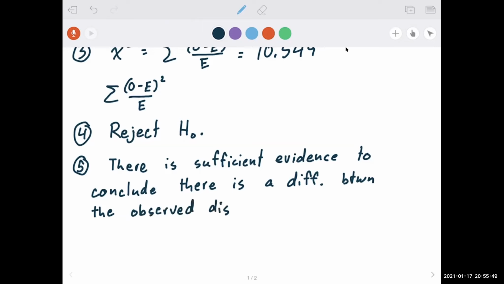Observed distribution and the expected distribution.